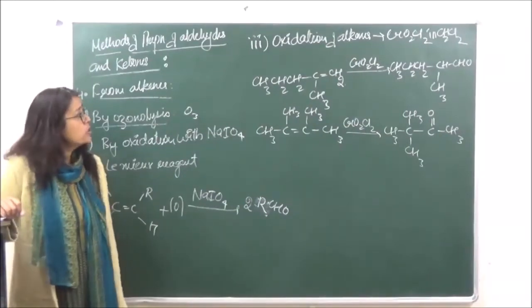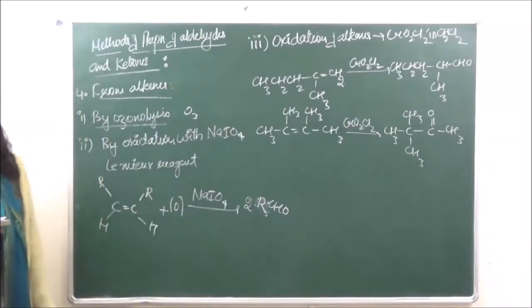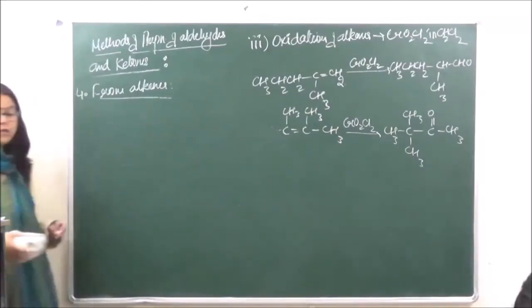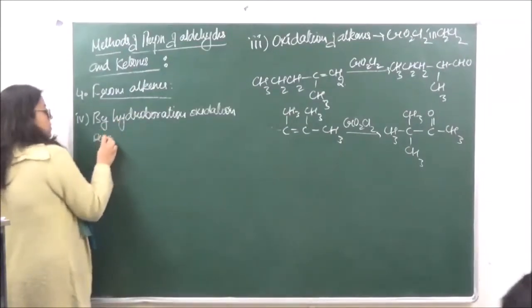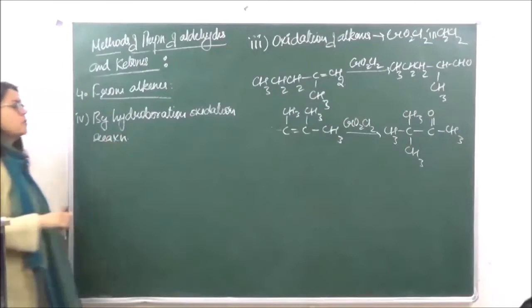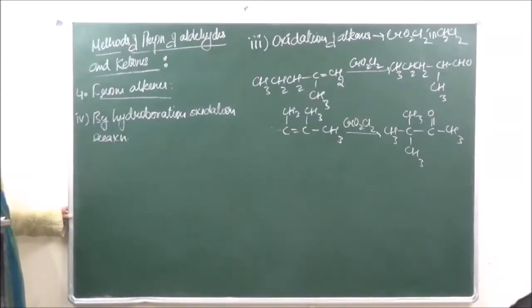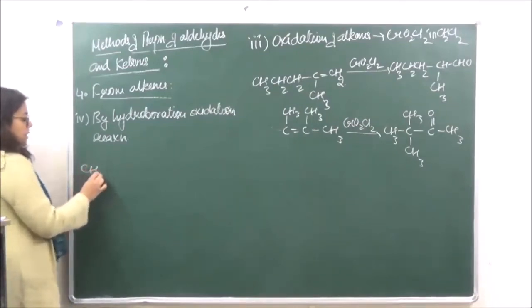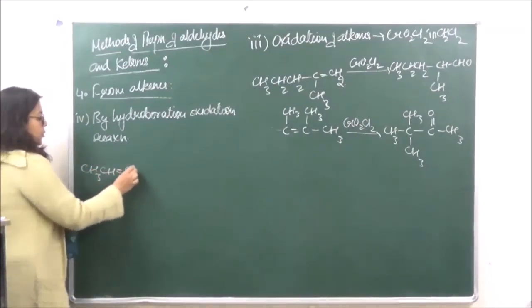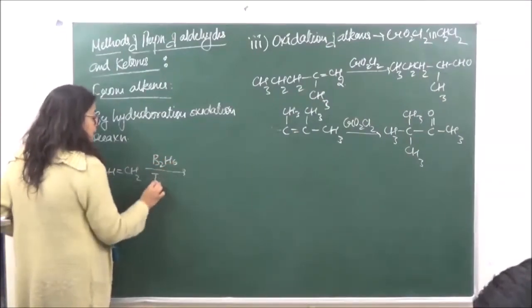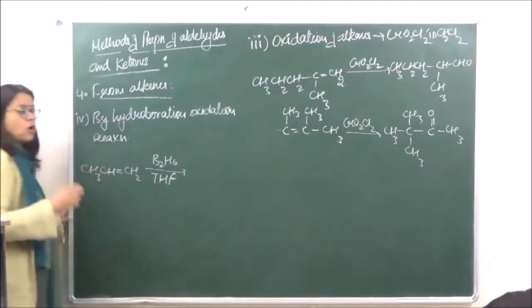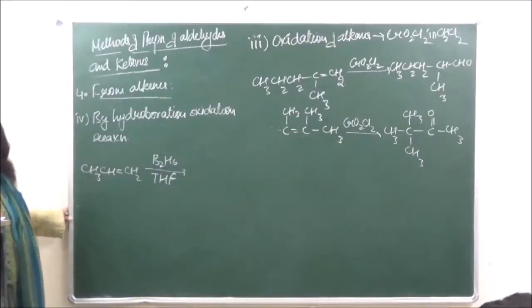Okay. Then the fourth reaction over here is going to be by hydroboration oxidation reaction. Fourth reaction which we have is by hydroboration oxidation reaction. Right? Now over here propene is going to be reacted with diborane in presence of tetrahydrofuran.